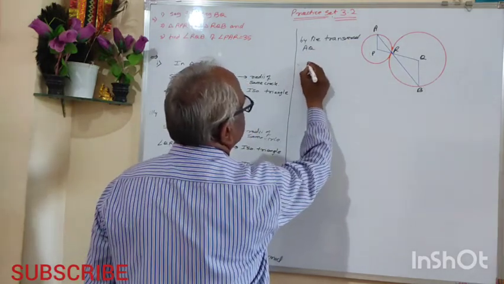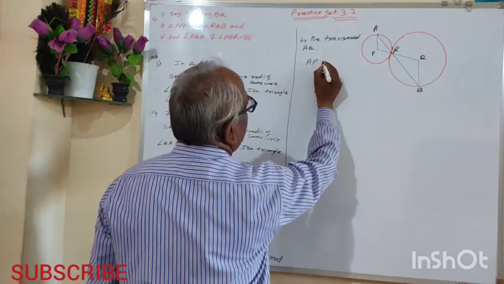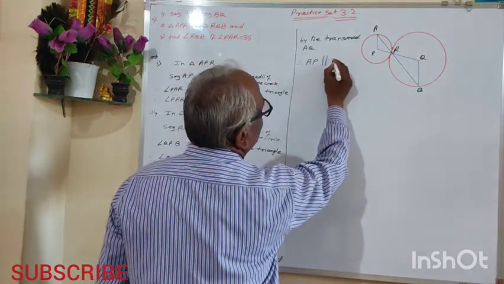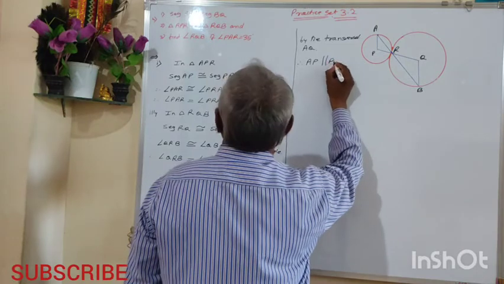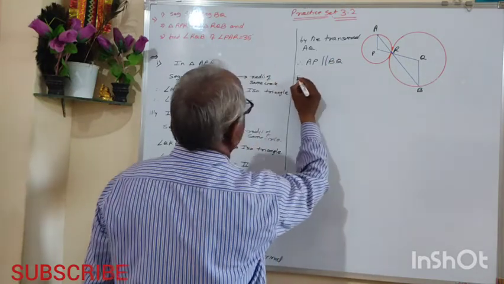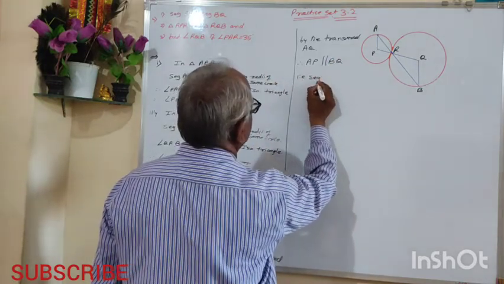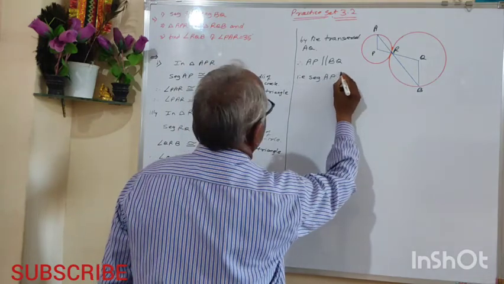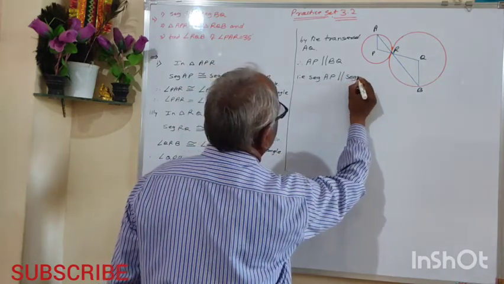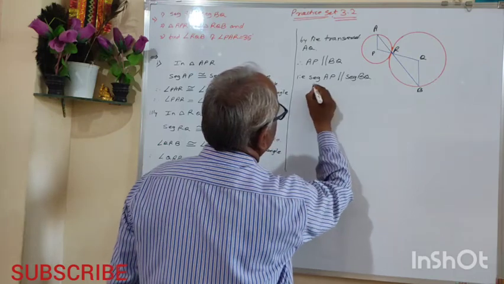Therefore, AP is parallel to BQ. That is, segment AP is parallel to segment BQ is proved.